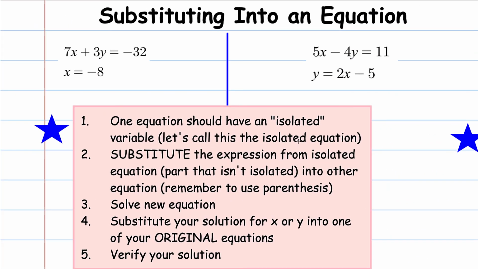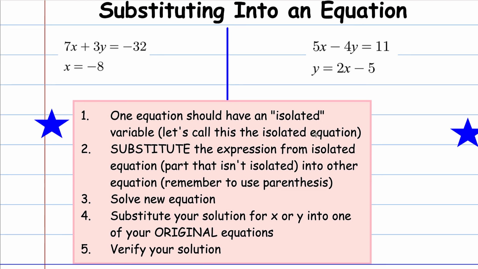So our substitution step requires us to have one equation that has a variable isolated. That's our isolated equation. In this case, the isolated equations were y equals 2 times x minus 5 and x equals negative 8. Then we substituted the negative 8 for the x, and the 2 times x minus 5 for the y into the other equation, remembering to use parentheses for what we're replacing the variable with.